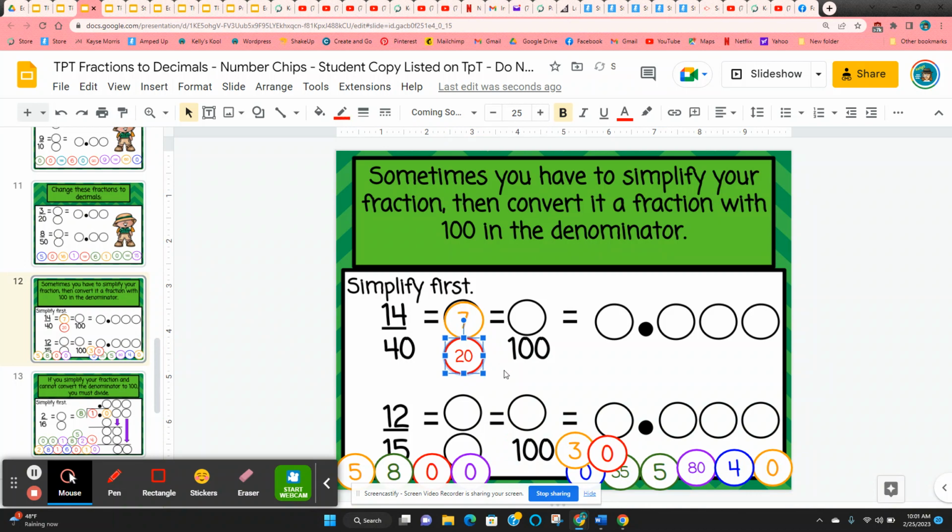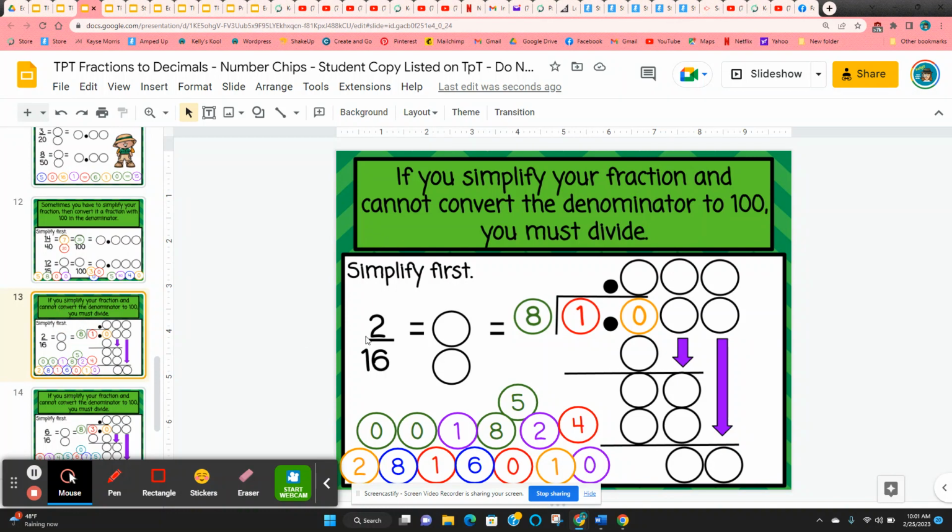And then they're going to convert that again to a number with 100 in the denominator. And here they're going to multiply by 5, which would give them 35 hundredths. And then they can go ahead and fill in the numbers in their decimals. So they're going to simplify first and then convert to a fraction with 100 in the denominator.